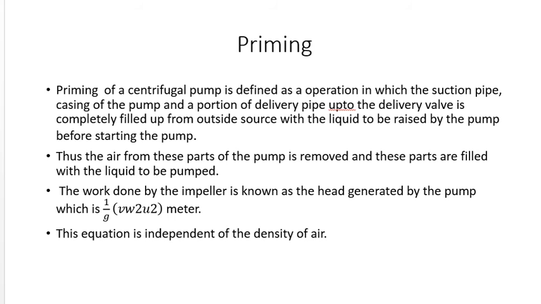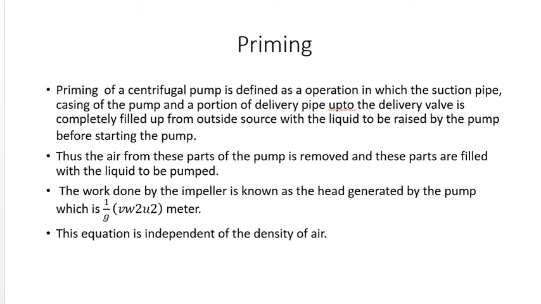Priming of a centrifugal pump is defined as an operation in which the suction pipe, casing of the pump and a portion of the delivery pipe up to the delivery valve are completely filled from an outside source with the liquid to be raised by the pump before starting the pump. So before starting the pump, we fill the centrifugal pump up to the delivery valve with the liquid that is to be pumped.